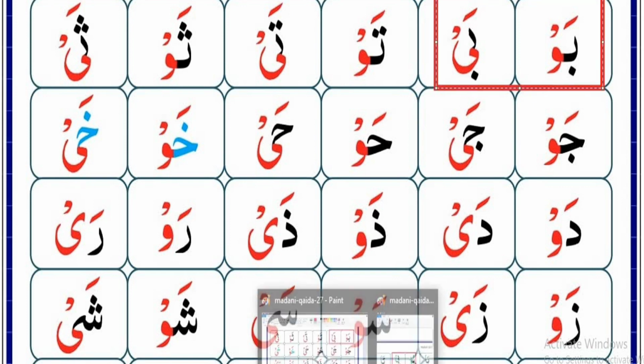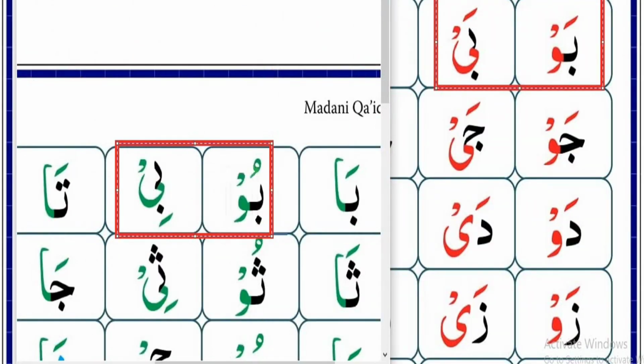Now let me show you both in one frame. Here you can see the green ones are the Maddah letters and the red ones are the Leen letters. And you can see there is no difference between the two. The letters are exactly the same.